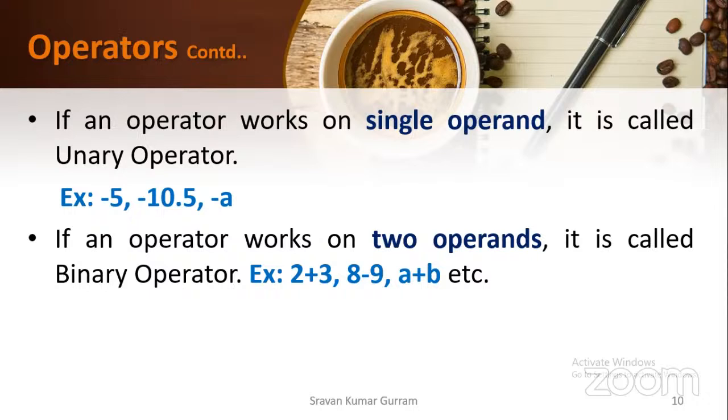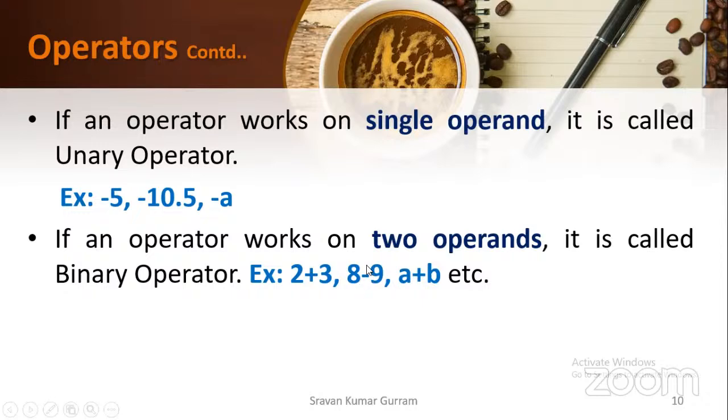So technically we are using an operator which works on at least two operands, which takes two operands. That is called a binary operator. Example, 2 plus 3, where plus is the addition operator. Okay, minus, and one more important point. See, here I am using minus, 8 minus 9.